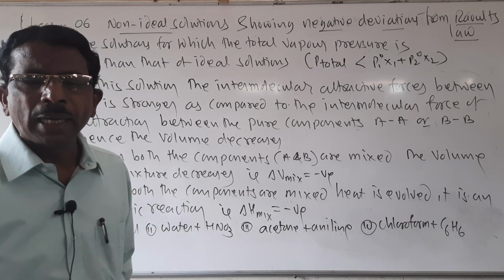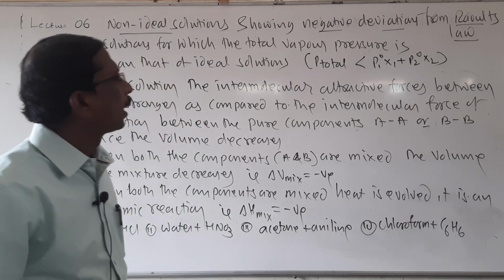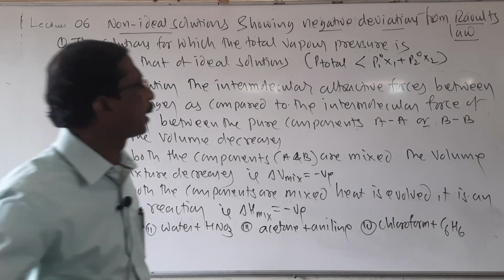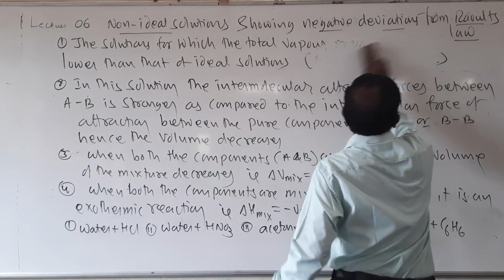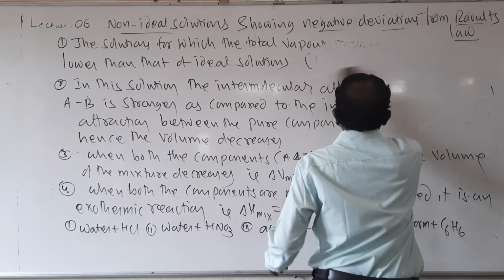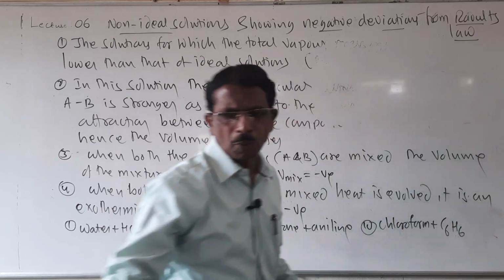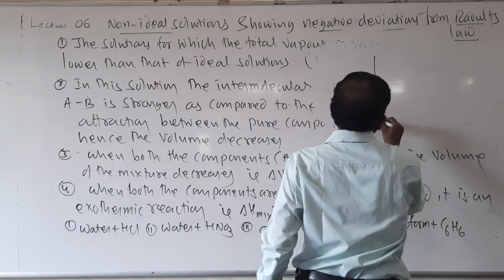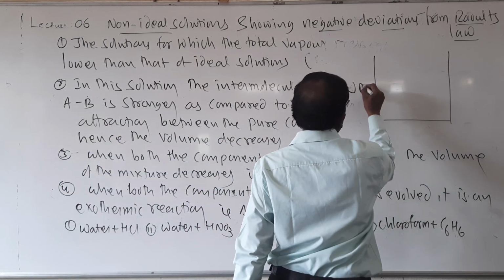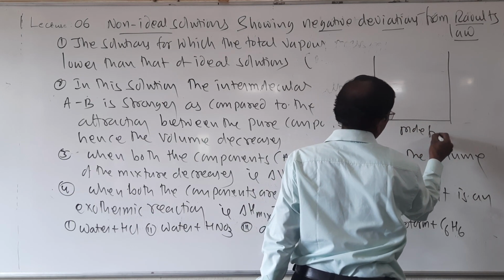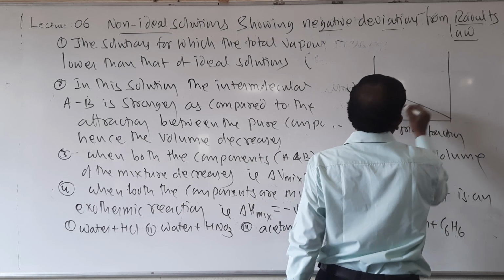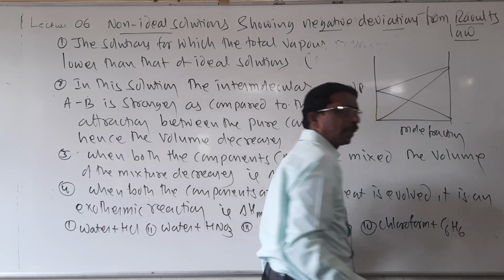So, students, let us see that. Again, we can represent the graphical method. When the graph is plotted, vapor pressure against mole fraction, you will get like this. It is ideal solution.